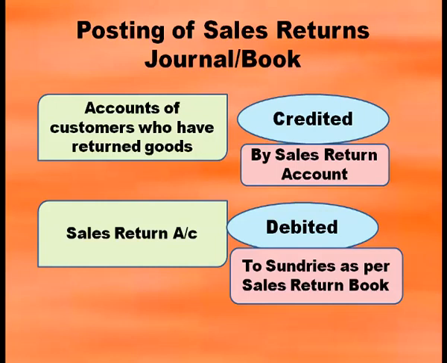Then in the sales return account, you will write on the debit side in the particulars column to sundries as per sales return book.